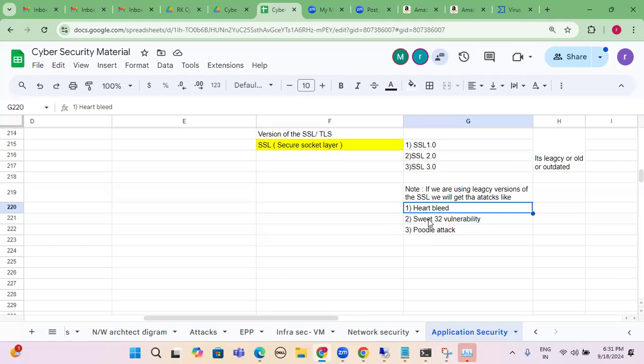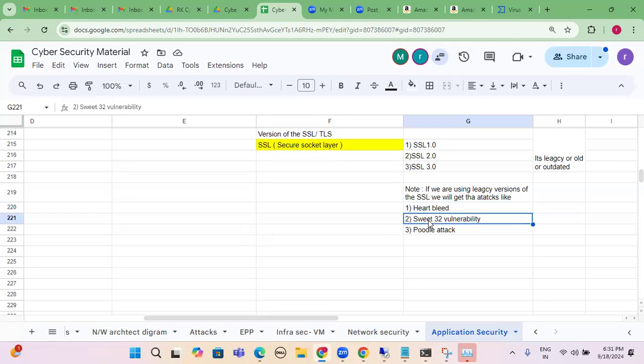Then what is Sweet32? If you are using weak ciphers as part of the SSL/TLS certificates, we can get the Sweet32 vulnerability, and finally the attacker will gain the plain text data we are sending over the encrypted channel.